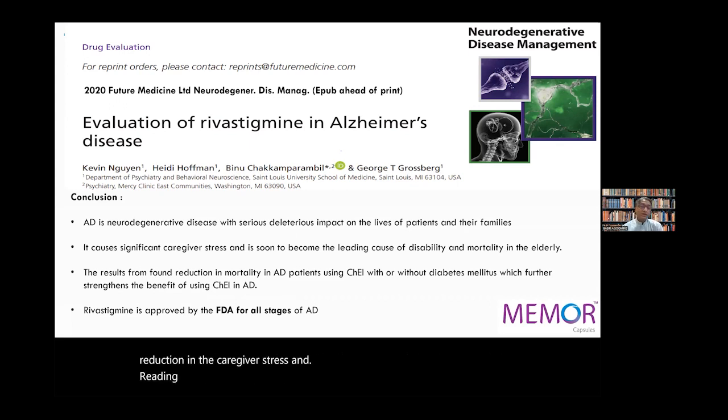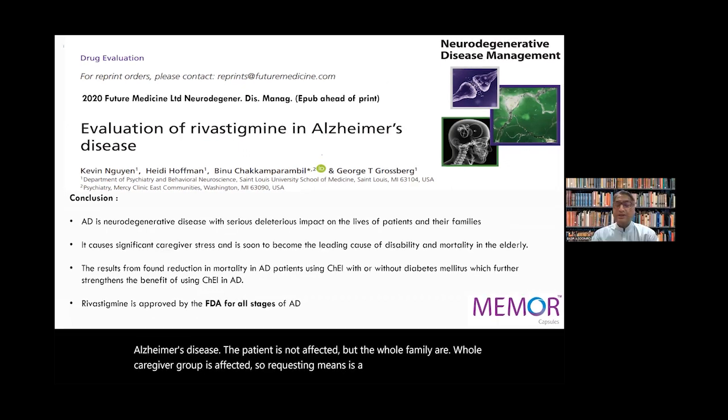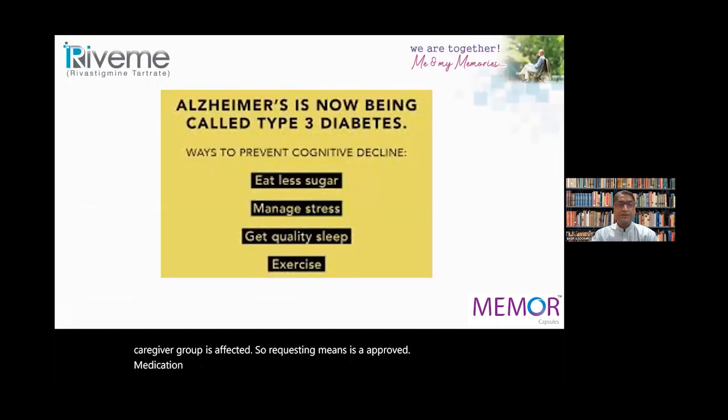If somebody is suffering from Alzheimer's disease, the patient is not the only one affected, the whole family or whole caregiver group is affected. So rivastigmine is an approved medication for all types of patients who have Alzheimer's.